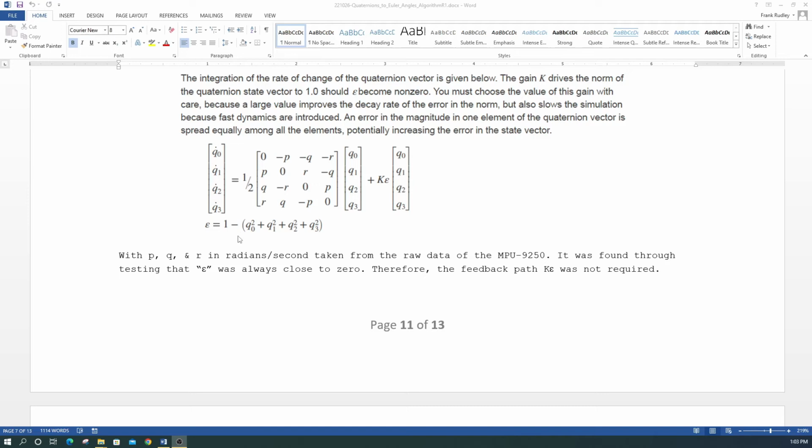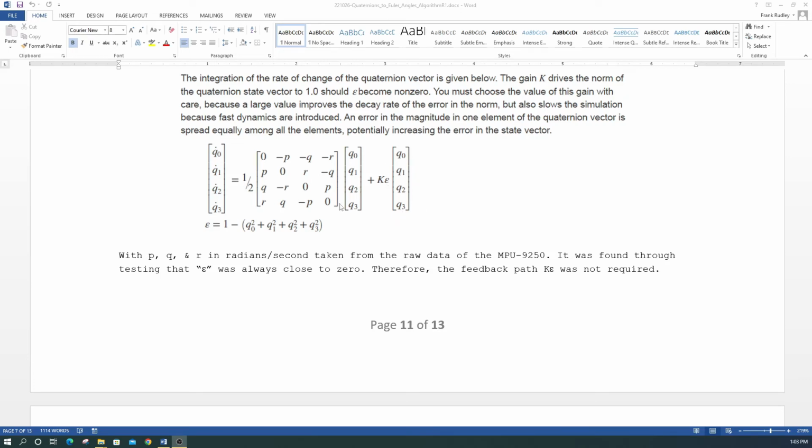The sum of the squares of these is always going to be, if everything works out well in nature, equal to 1. So 1 minus 1 is 0. There's a gain times this epsilon here. This is a feedback to adjust for some errors. But what I found is I didn't really need this.